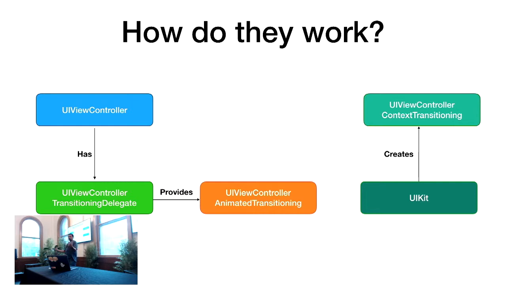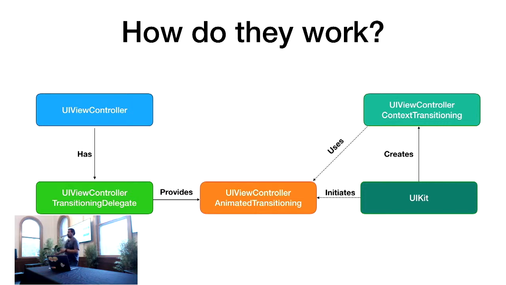And then it will clone your from view controller, and it will clone your to view controller, and it will create this UIViewControllerContextTransitioning object. It will add them there, and it will also add a container view. And then it will add that container view to the window, and it will ask the animator that you have provided to start the animation.